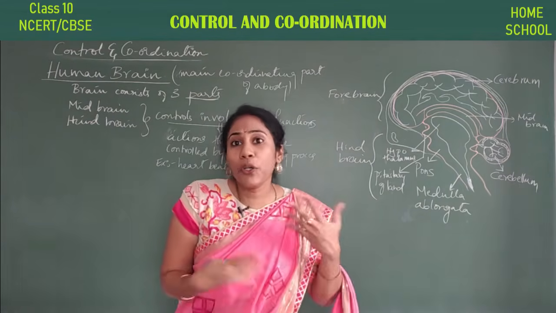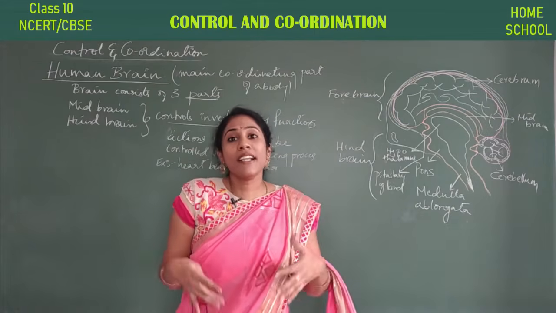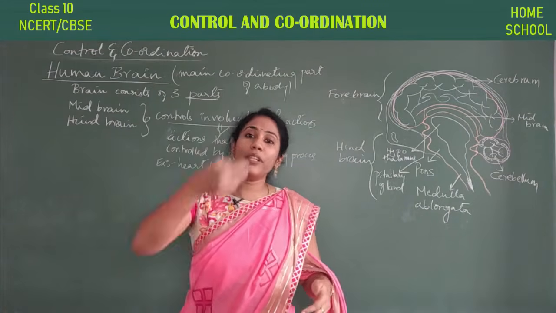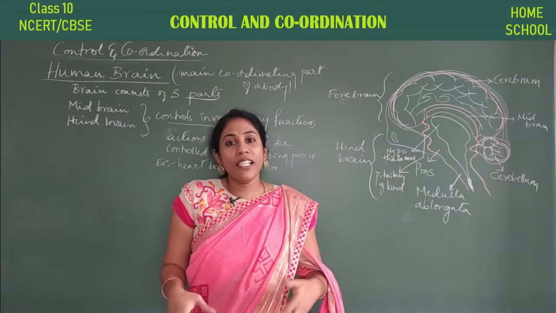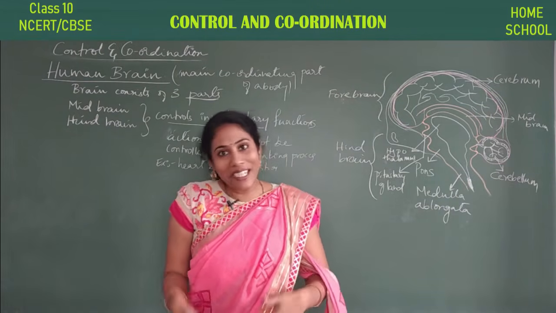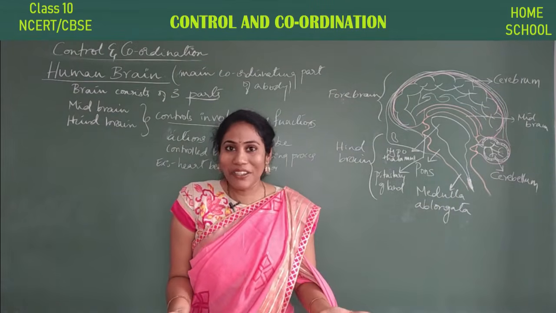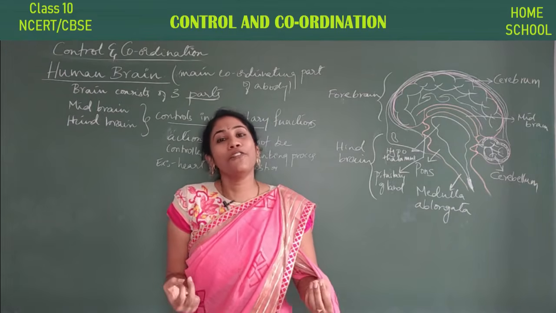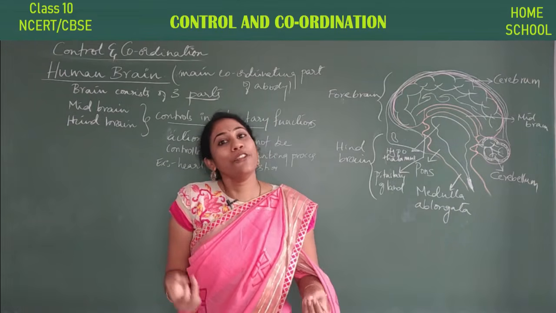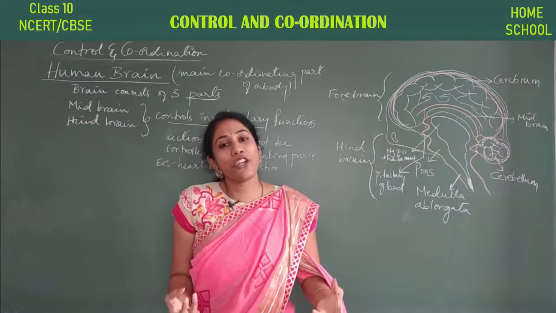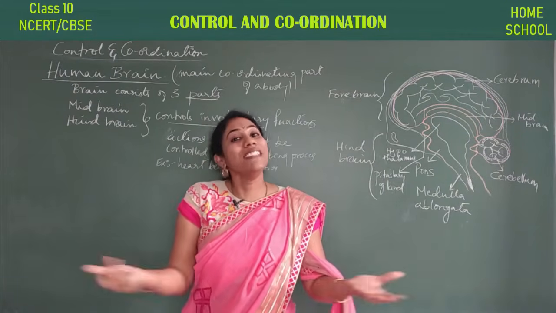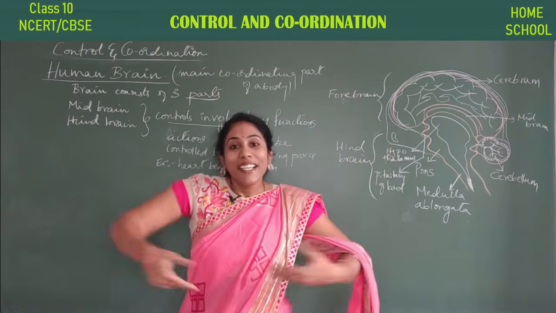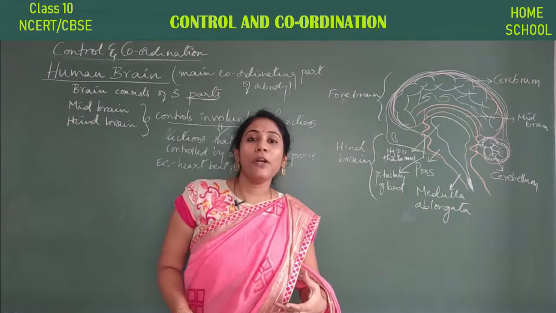So who is controlling the heartbeat and who is controlling the digestion? The moment you take food, whether you want it or not, willingly or unwillingly, it will get digested. Yes or no? If you think that digestion has to be stopped, will it stop just by thinking? No, right? It is not in your hands. It happens automatically inside your body.